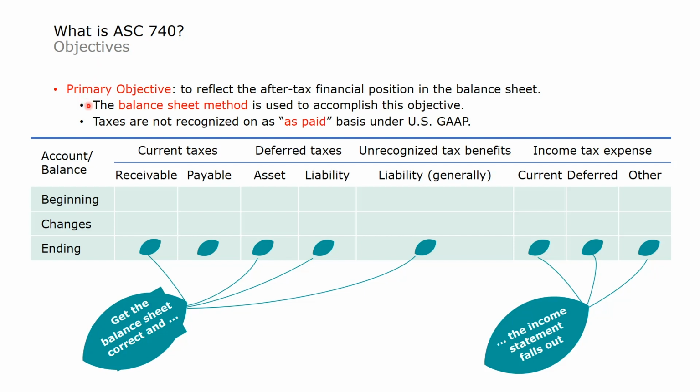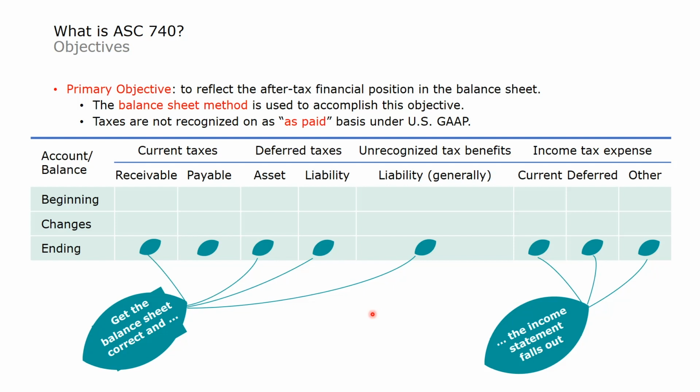goes through that. The biggest piece here, and if there's one thing you remember from the presentation today, is that the balance sheet method is used to accomplish the objectives of ASC 740. Balance sheet method. The idea with the balance sheet method is laid out down here. This is, for lack of a better word, a tax account roll forward.